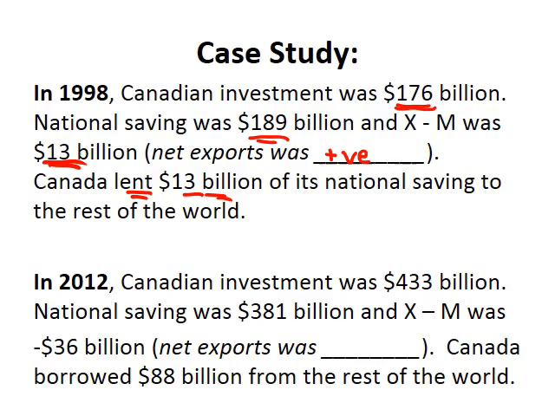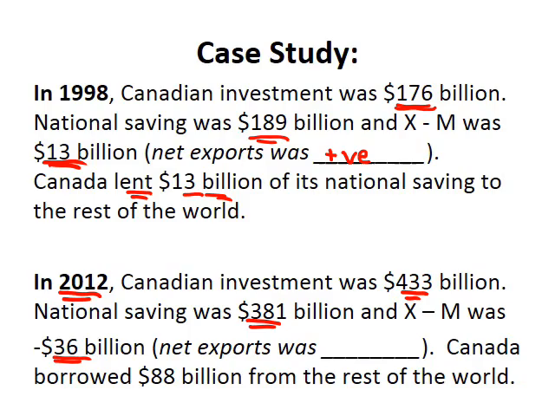So let's fast forward to 2012, which is now part of the time frame where Canada is importing more than exporting. Canadian investment was $433 billion. National savings was $381 billion. So we did not have enough money from our national savings to pay for Canadian investment, so we're going to have to borrow from the rest of the world. And X minus M, net exports, was negative $36 billion.